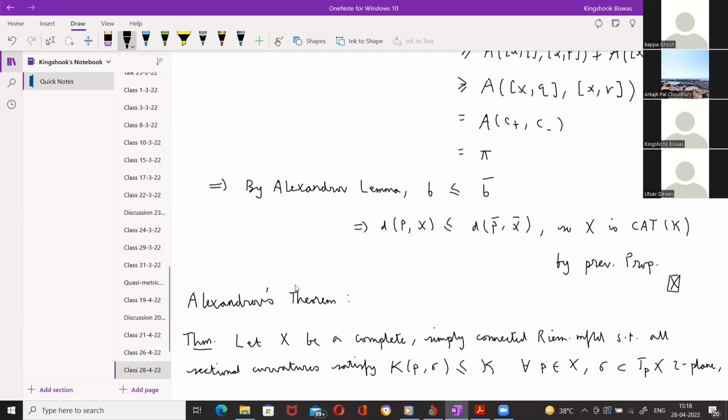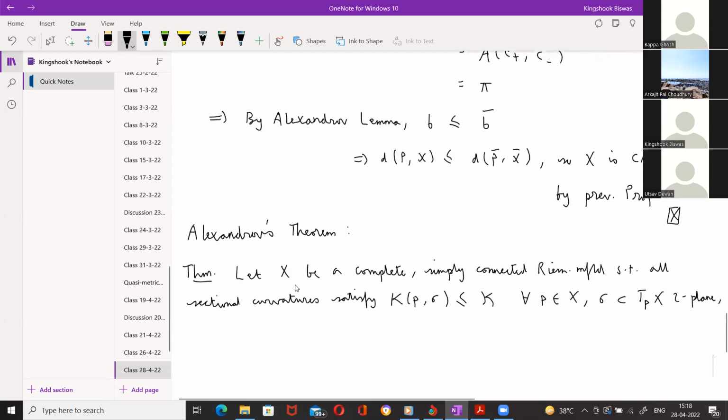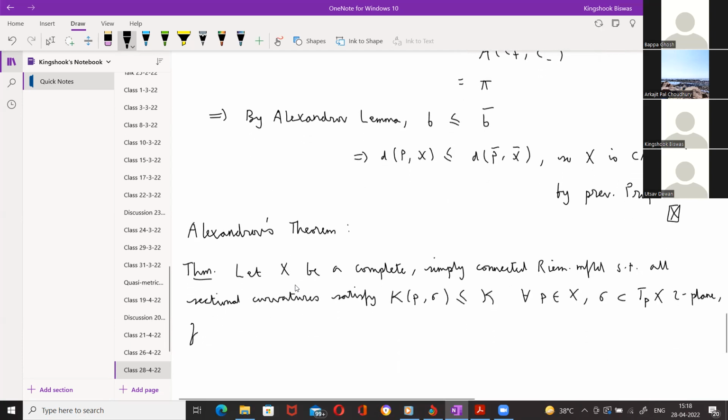Okay, and this is for some kappa less than or equal to 0. Then X is a CAT(kappa) space.